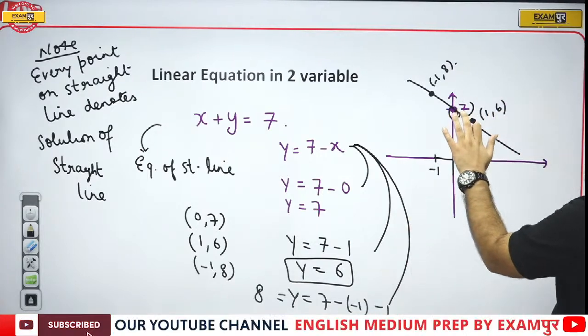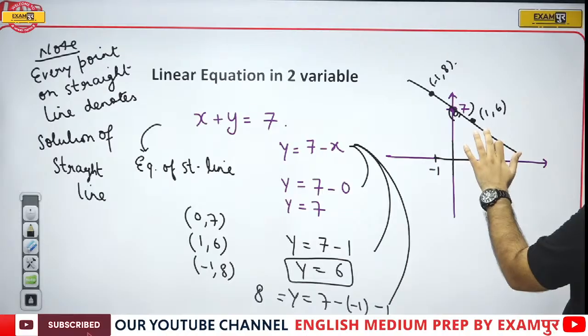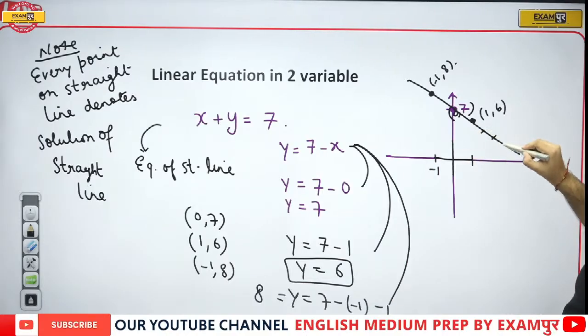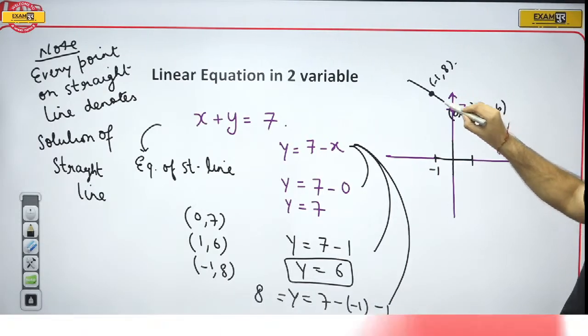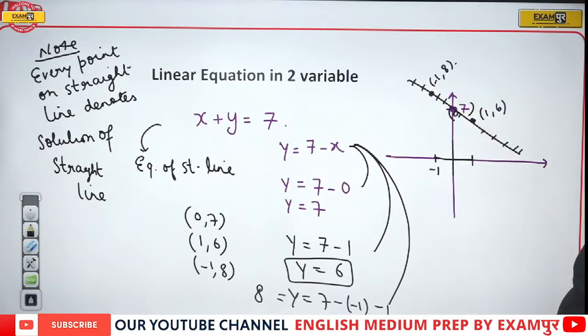If x is 0, y is 7. So there are infinitely many points on this line.